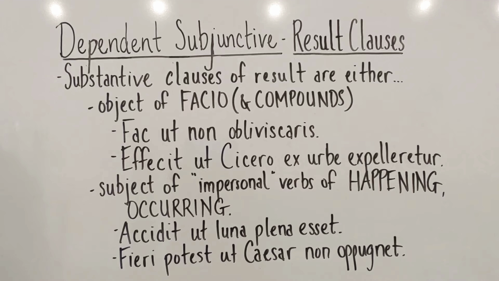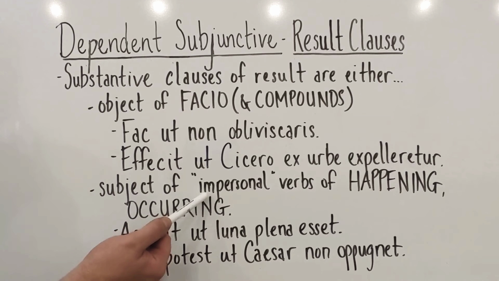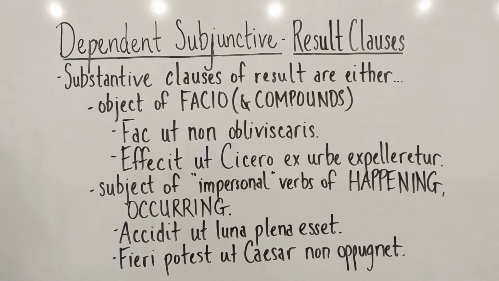The other kind of substantive noun clauses of result can be a subject, not the object, but the subject of that main verb. Impersonal verbs of happening, occurring. And I put impersonal in scare quotes because if we know what the subject is, it's not really impersonal. We say impersonal because the subject of an impersonal verb, not a person, is it.